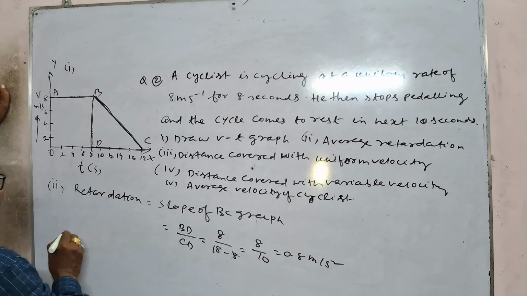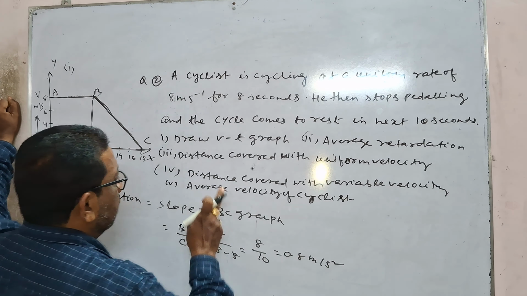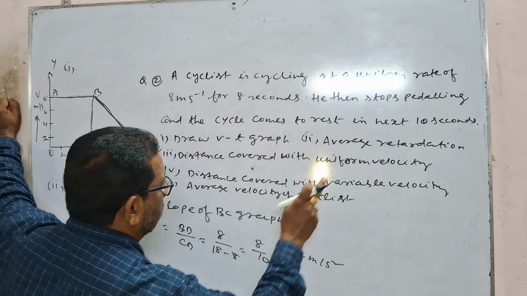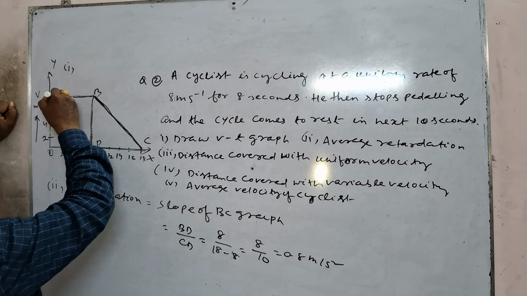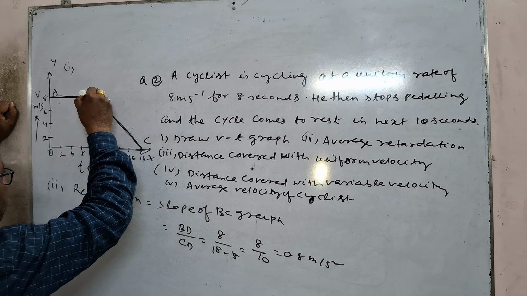Then in bit 3 you are asked to find the distance covered with uniform velocity. From A to B, the velocity remains constant. This is the uniform velocity.